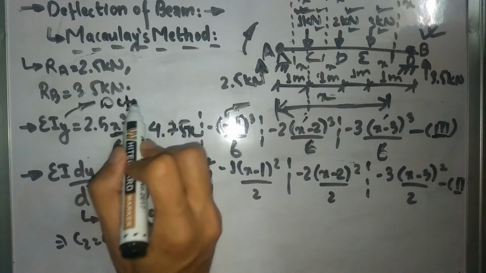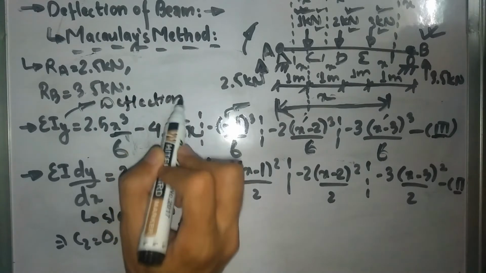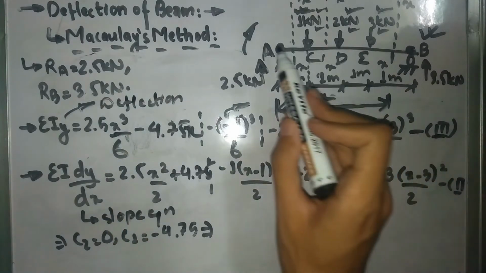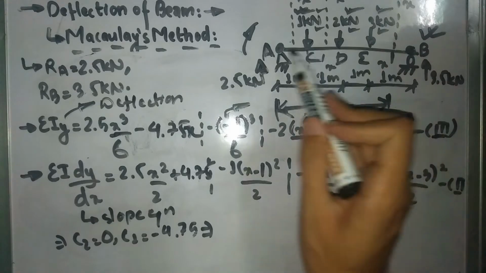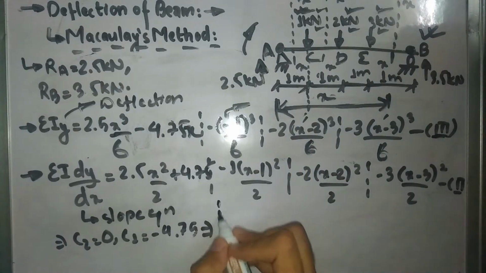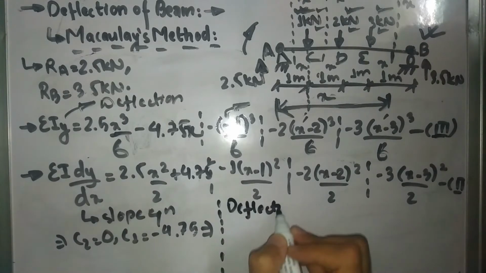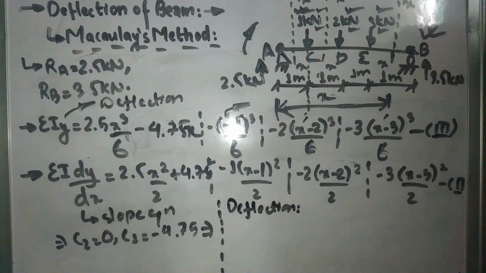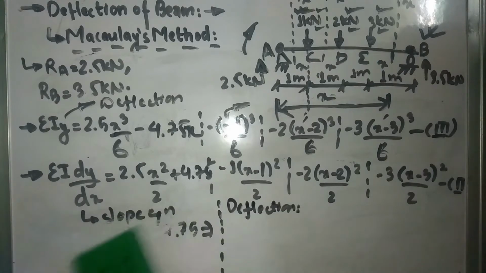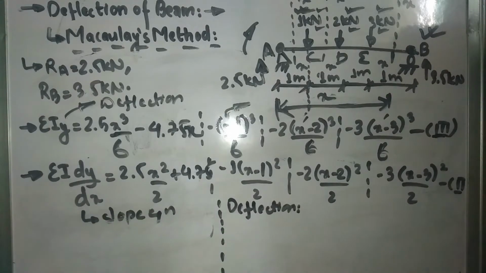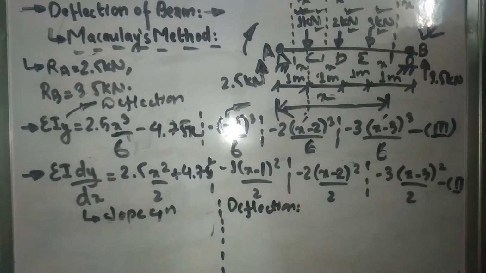Now, having these equations, we can easily calculate our value of deflection and slope for any point on this beam. Let me first calculate my deflection. Let's say I have to calculate deflection at point A. As I already explained before, deflection at point A is going to be 0, so I don't need to calculate that.